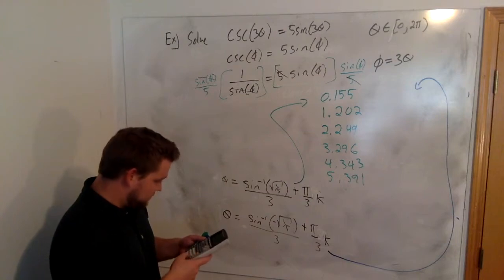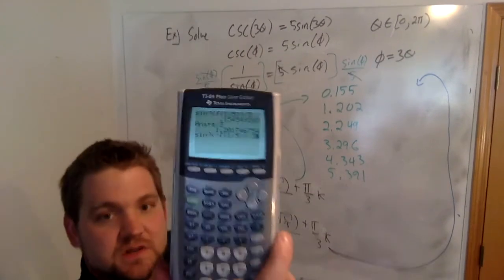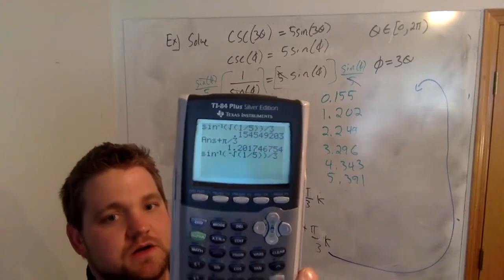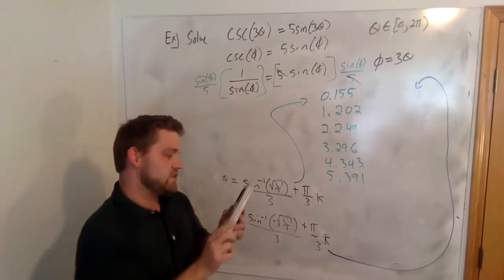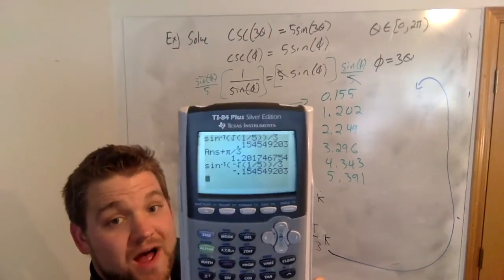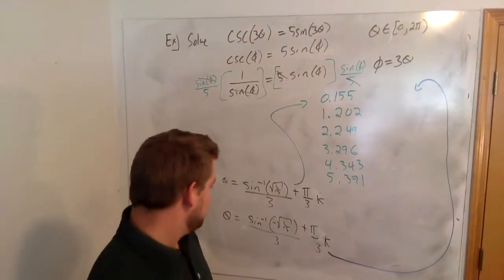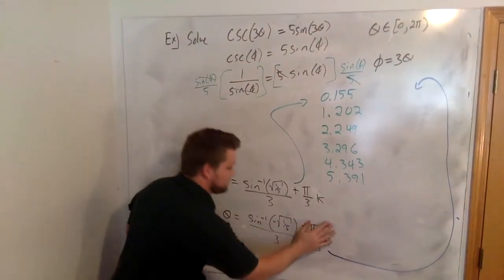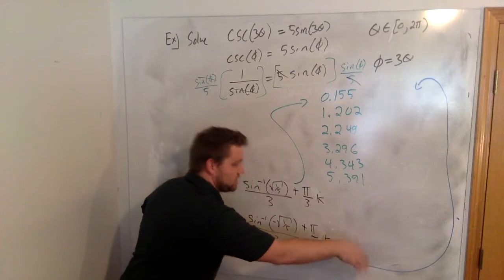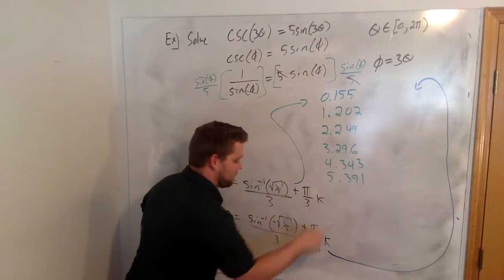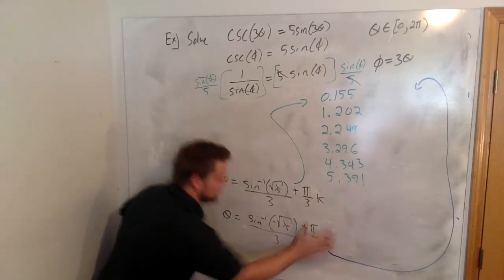Okay, divide by 3. Okay, so this is what I have typed in my calculator. Okay, let's go ahead and enter. And notice, I'm not surprised that it gave us a negative angle. If you kind of remember that picture, this one was the one that should have reported between negative pi over 2 and pi over 2. So I'm not surprised that this one here was a negative.